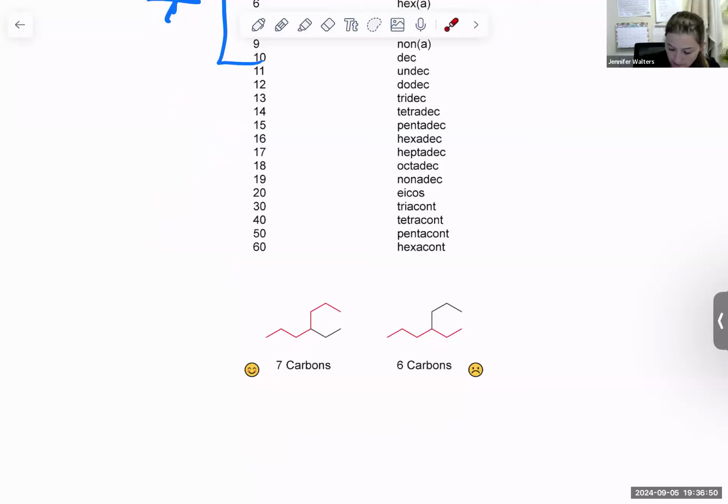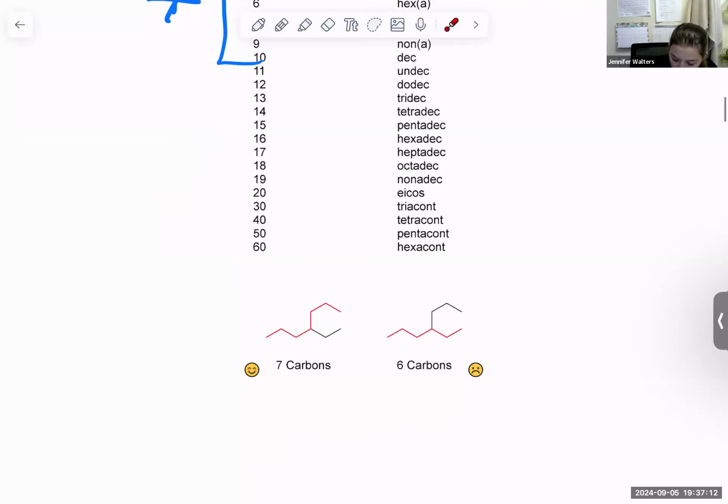So what this looks like is if I were to go left to right, and that's usually how I start, I go left to right, and then we'll check myself and go right to left, or I'll just try all the different ends. So starting left to right, I would get 1, 2, 3, 4, 5, 6, 7. So highlighting here, I can highlight 7 carbons without picking up my pen.